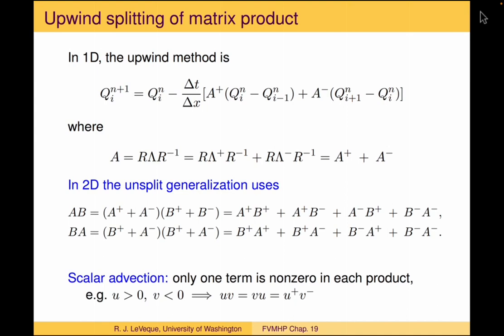And again, for scalar advection, only one of these 4 terms is non-zero in each product depending on the sign of u and v. But for the system case, like in acoustics, you have waves going in both directions in both x and y, and so all of these matrices come into play.